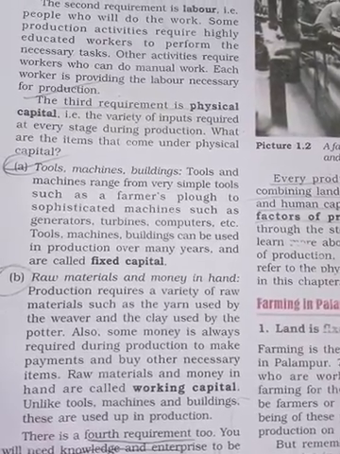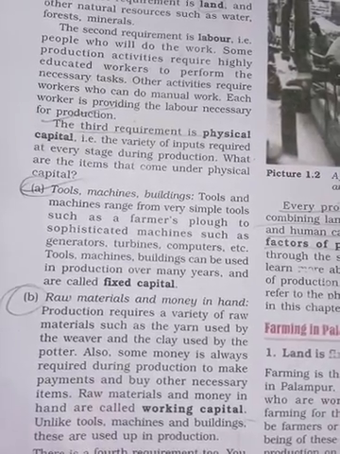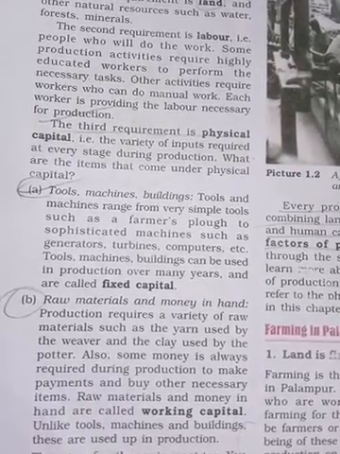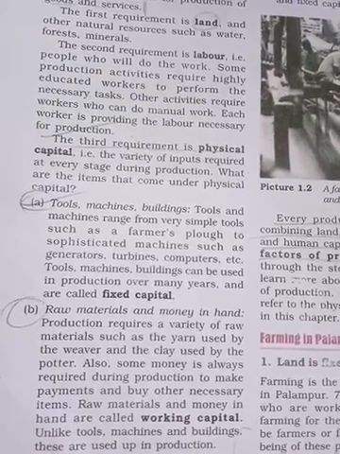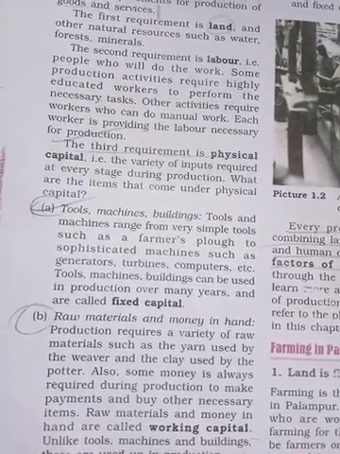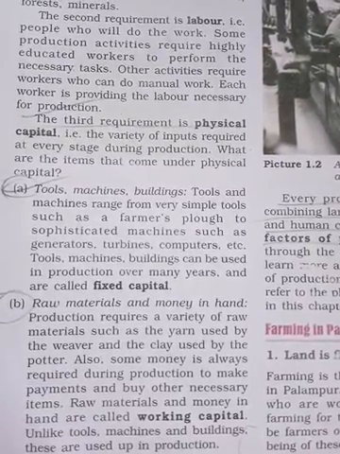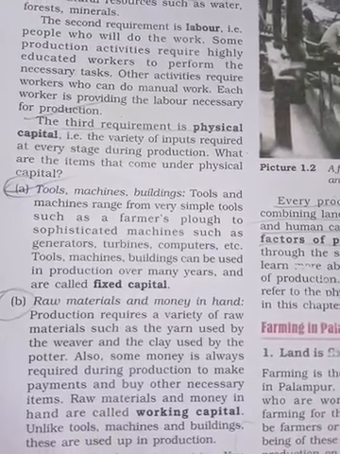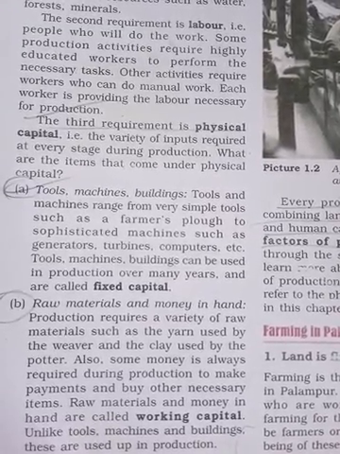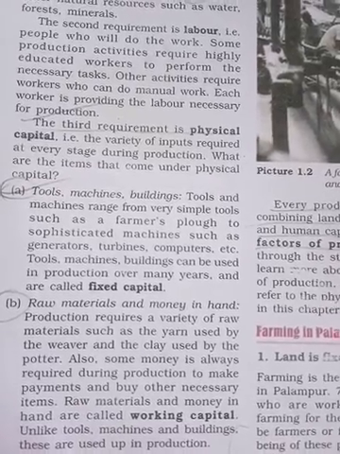Fixed capital means, suppose you want to do agriculture, then we have to buy a tractor or truck or something, that is fixed. When we are doing some work and need to buy raw material or something like that, whenever something is needed we have to buy it urgently. That is called working capital.